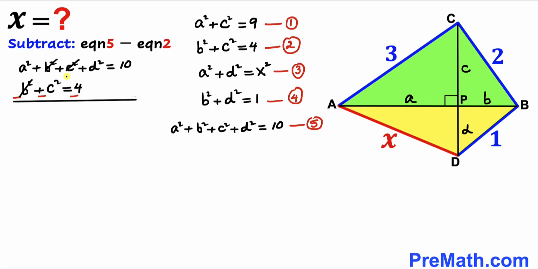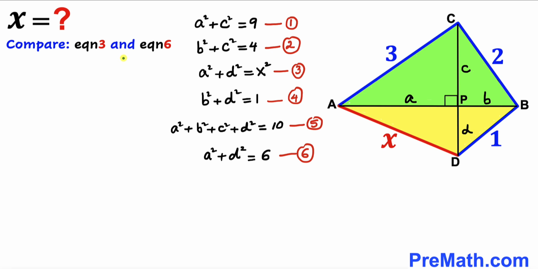Likewise c square and this negative c square are gone as well. Therefore on the left hand side we get a square plus d square equals, on the right hand side, 10 minus 4 gives us 6. I'm going to label this as our equation number 6.